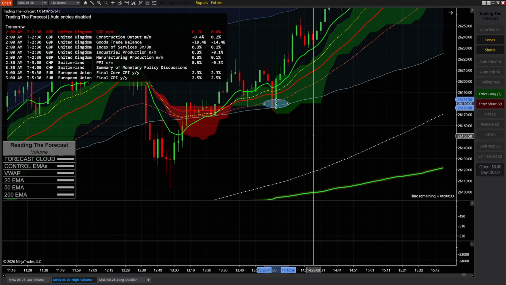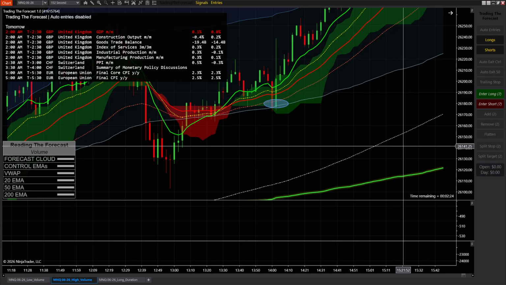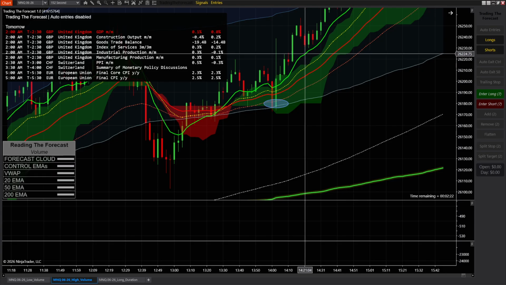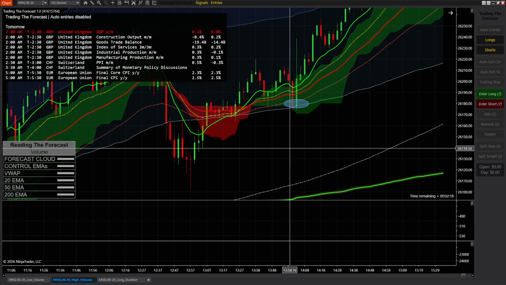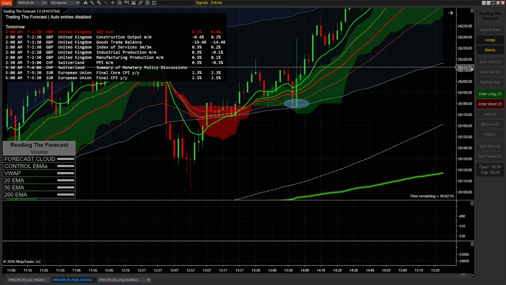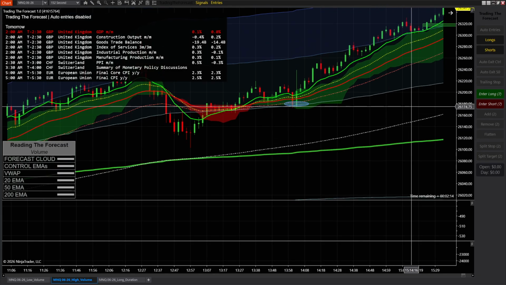Now, a lot of this, you don't have to understand what it technically means. You just need to understand how to read the chart. So don't get hung up in having to technically understand what everything is and does. You need to read the chart. It's kind of like a technician.